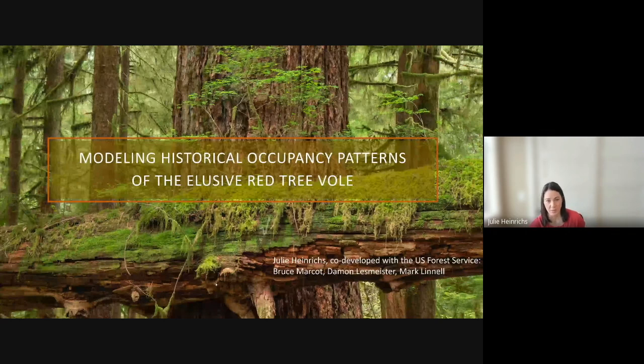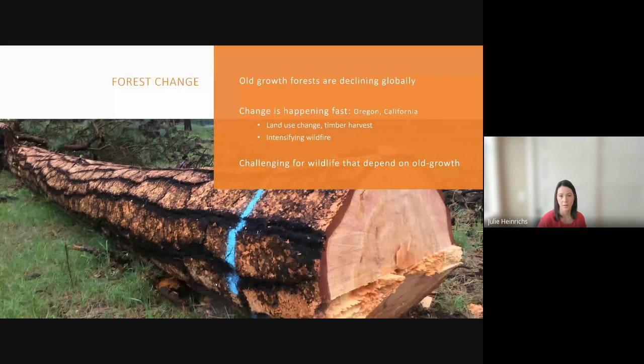So the first example is work that I co-developed with the U.S. Forest Service, looking to model historical occupancy of the red tree vole in Oregon and California. And the motivation behind this project is the idea of forest change.